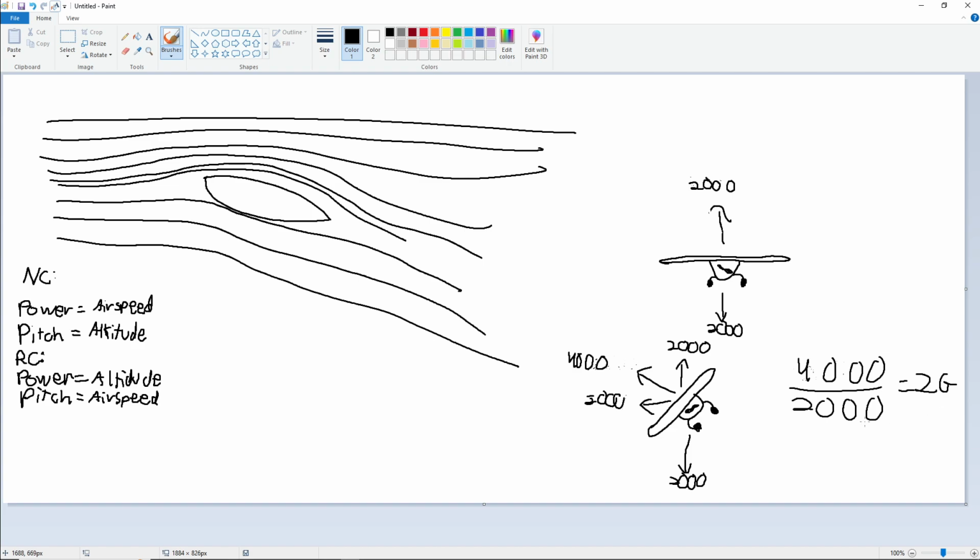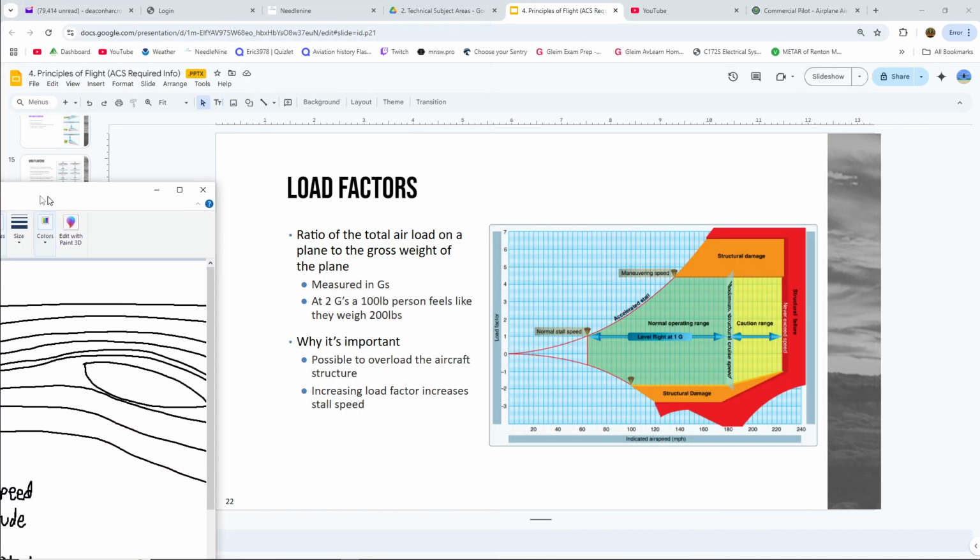So that's why the more we increase our bank angle, the more lift we need to create, the more we need to increase our angle of attack in order to have our vertical component of lift equal our weight. And so at those higher bank angles, I'm under higher load factors when maintaining altitude.